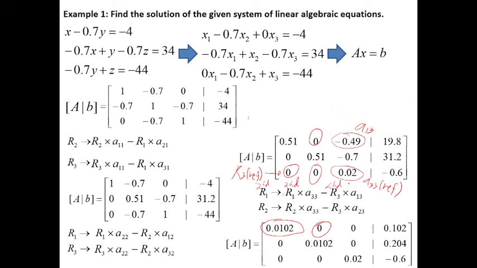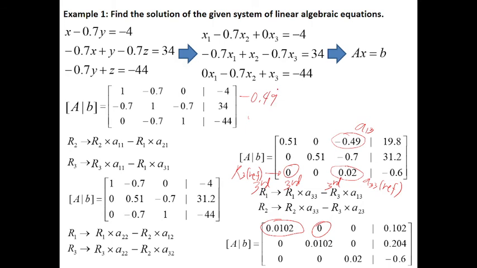Third naman, third element ang consider natin. So, R1 third element, we have negative 0.49.